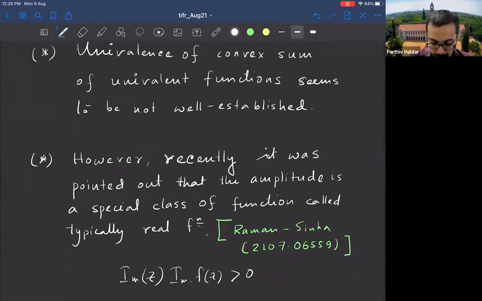Now it so happens that the kernel itself is a typically real function, and a convex sum of typically real functions is known to be typically real, and that's how you know for sure that the amplitude is going to be a typically real function.